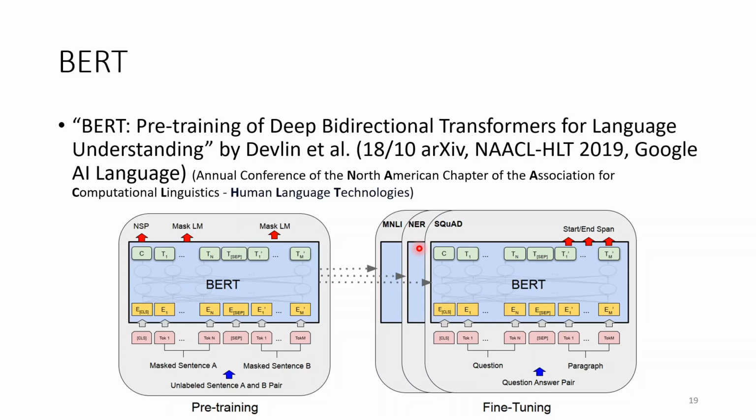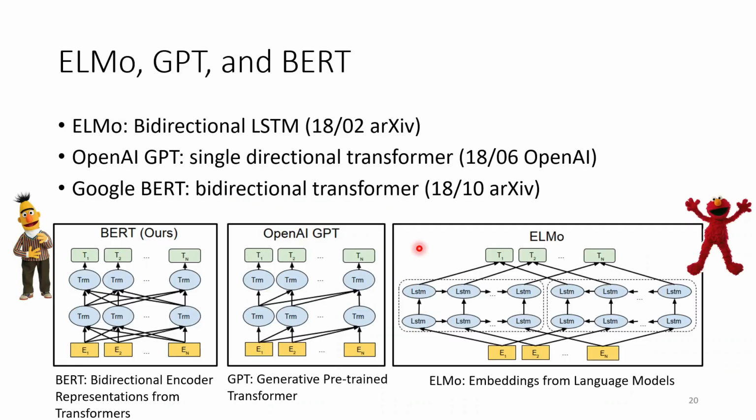Okay. So what I want to say is, what is the connection between BERT and our vision task? I should say, before BERT, there was another model called ELMo. And Elmo is the name of a Sesame Street puppet.